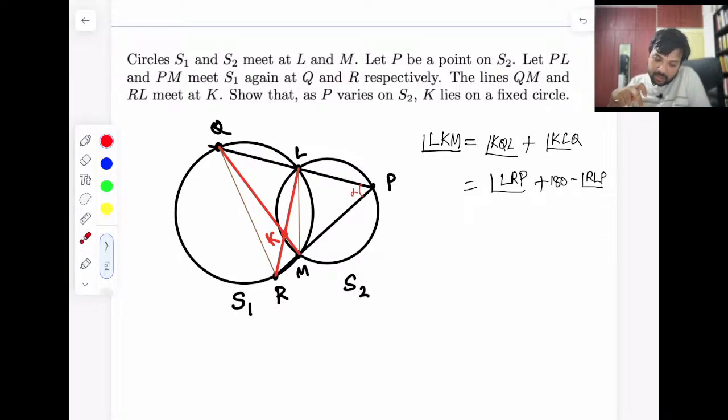KQL is LRP. KQL is MQL and MQL is MRL. Okay, that is this angle, and KLQ is this angle. This plus this, yeah. So adding. If it was subtracting, again exterior angle I could have used.